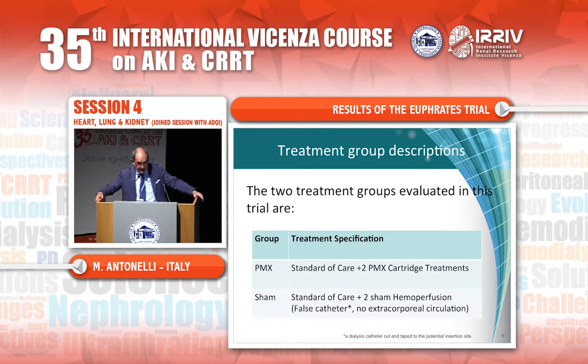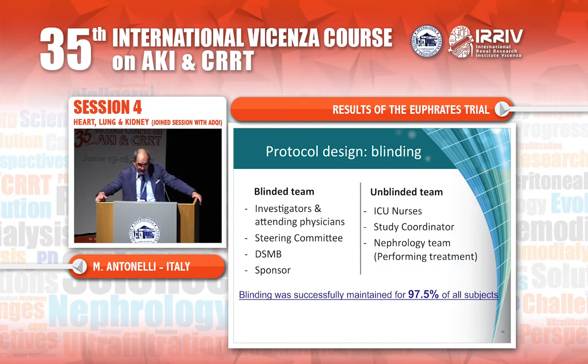circulation. And one of the interesting things was the design, which was conceived blinding completely the investigators and the attending physician, together with the steering committee, the DSMB, and the sponsor, and having as the unblinded team the ICU nurses, the local study coordinator, and the nephrology team.